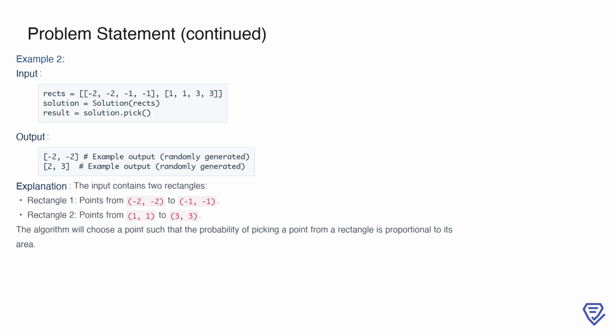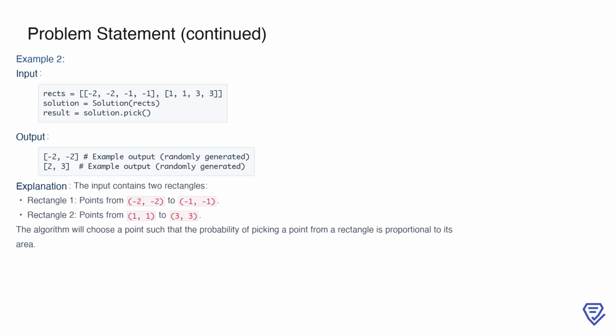Now, let's look at an example with multiple rectangles. Suppose the input consists of two rectangles, -2, -2, -1, -1, and 1, 1, 3, 3. The first rectangle spans the points from -2, -2 to -1, -1, while the second rectangle includes points from 1, 1 to 3, 3.